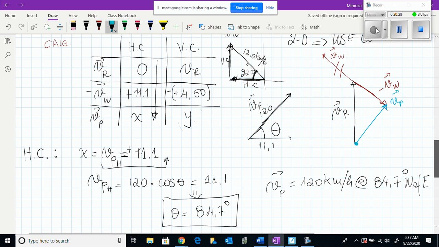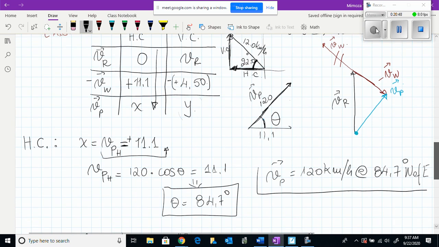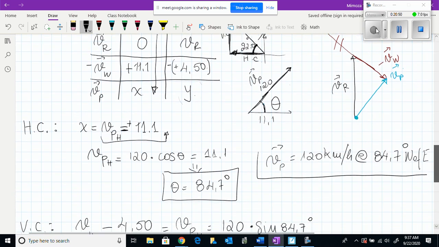So this angle theta is 84.7 degrees. It's safe to say even 85. I'm okay with that. Then you define that the velocity of the plane is 120 kilometers per hour at 84.7 degrees north of east.